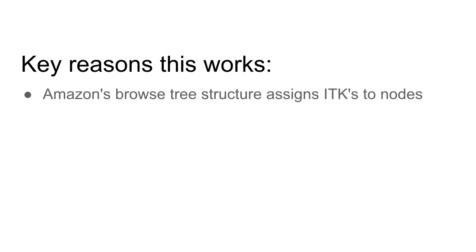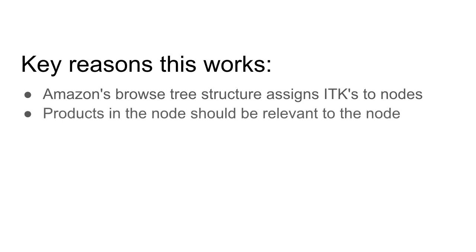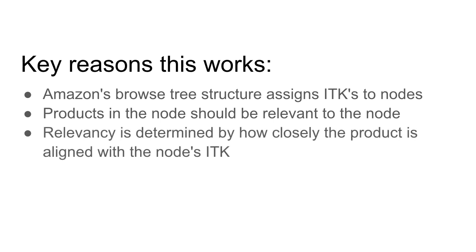Now, the key reason that this works is because Amazon's browse tree structure assigns the item type keywords to those nodes, and the products in the node need to be relevant to the node. Relevancy, of course, is determined by how closely the product is aligned with the node's item type keywords.